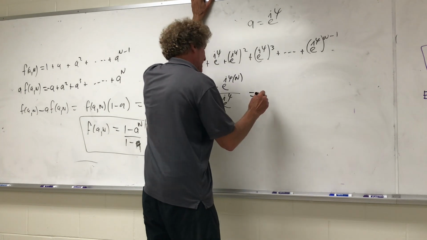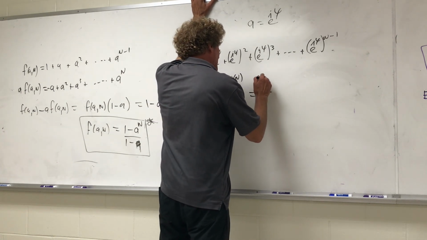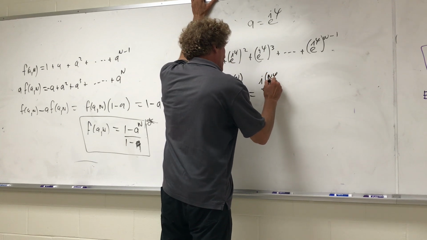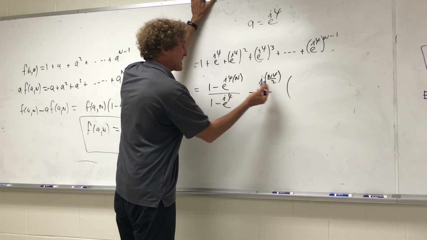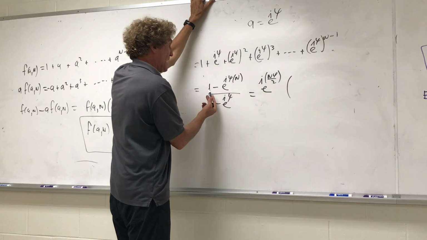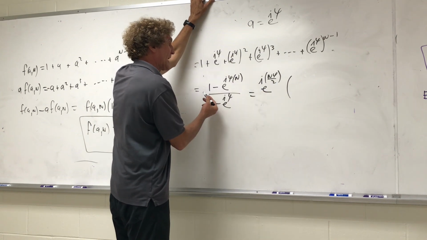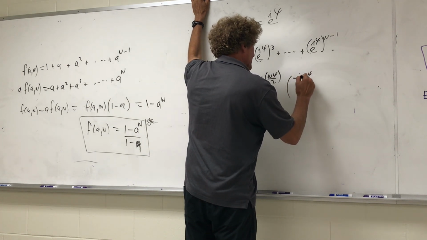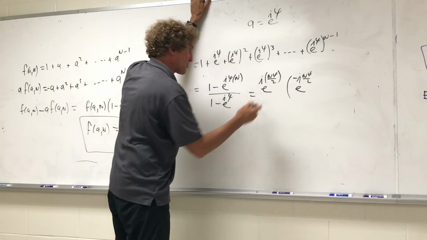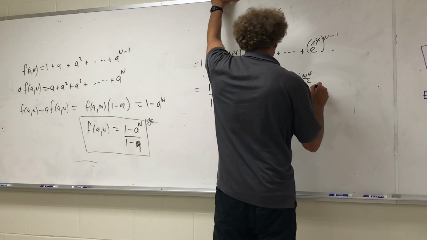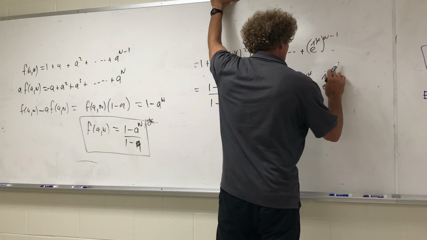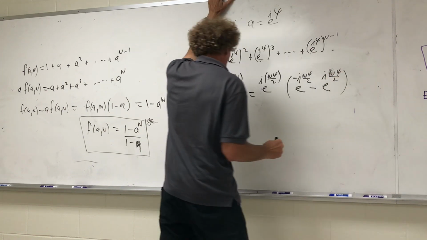I'm going to take out e to the j n psi over 2, and since there's 1 as the first thing, I have to have an e to the minus j n psi over 2 inside. The product of those two is 1. Minus e to the j n psi over 2 here.